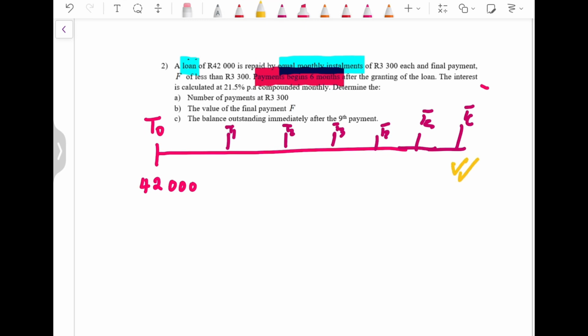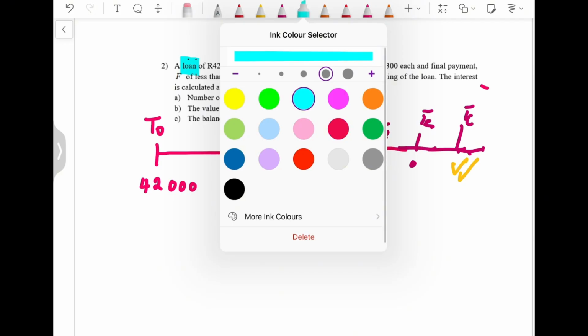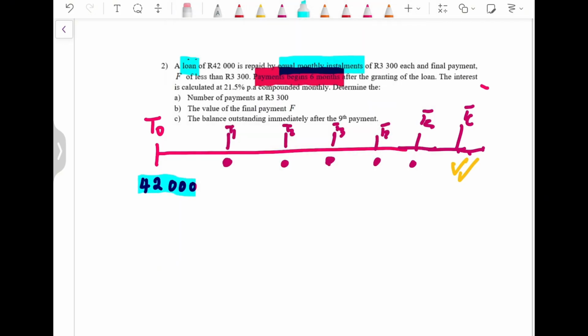And then after 6 months, the first payment is being made. That means this person did not make 1, 2, 3, 4, 5 payments. During this period where there are no payments, the loan amount that is in the bank will be growing in compound interest.